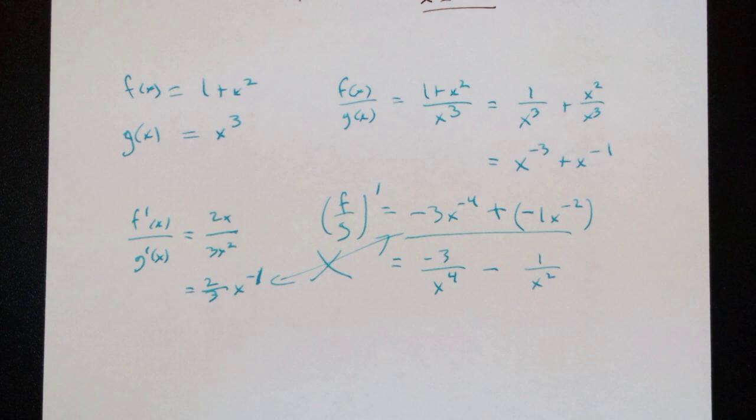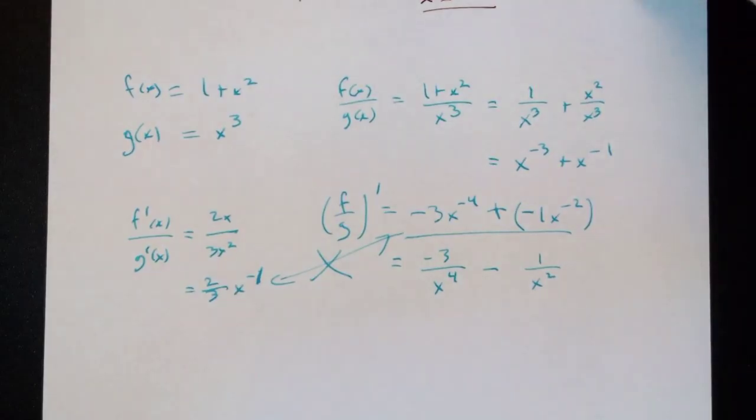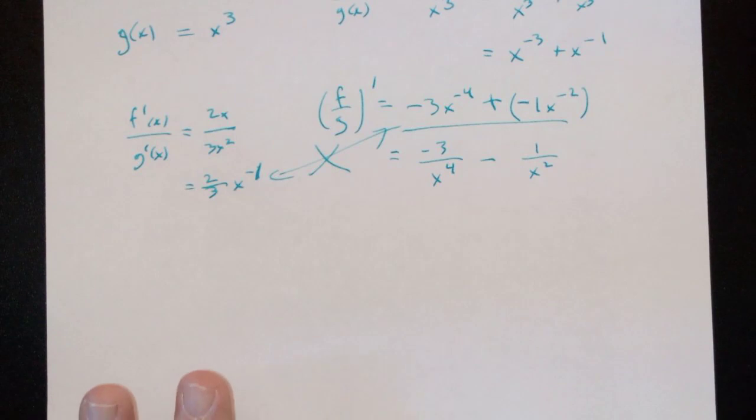Questions? So if that one was easy, why do I need a new rule? What happens if I look at g over f?